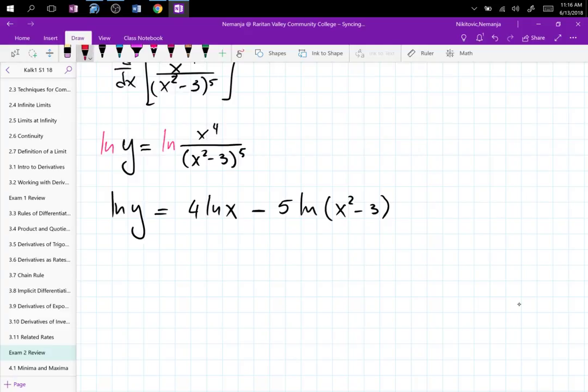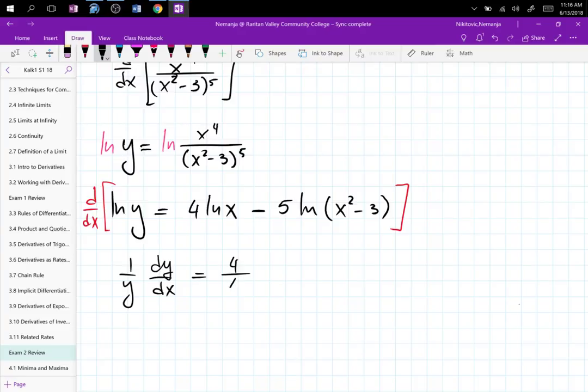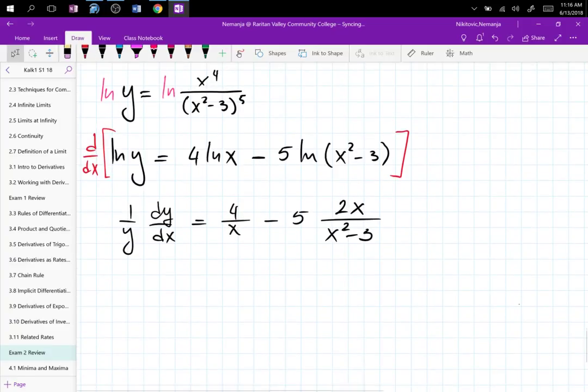Once you expand everything, we differentiate implicitly in terms of x. On the left-hand side, we have 1 over y dy dx is equal to, on the right-hand side, we have 4 over x minus 5 times, the denominator is x squared minus 3, and the numerator is 2x. Y will go to the right-hand side, so I just have dy dx.